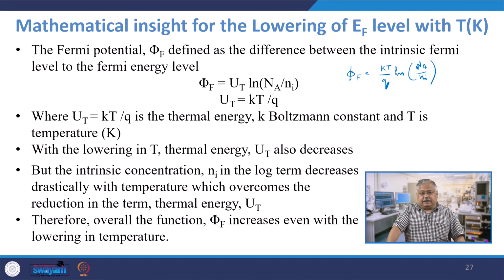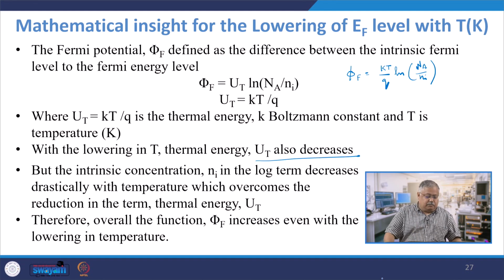Of course, as the temperature goes on increasing, this phi f value goes on increasing, right. When phi f increases, it effectively means that your Fermi level at temperature T pushes down below. This is what I was trying to say, that as the temperature decreases, the thermal energy ut also decreases.